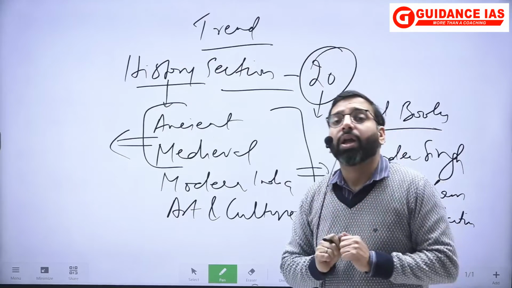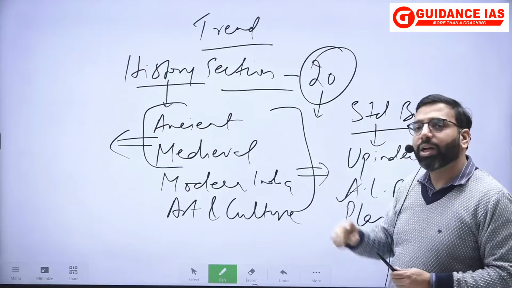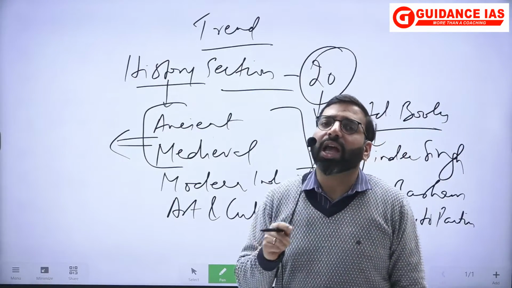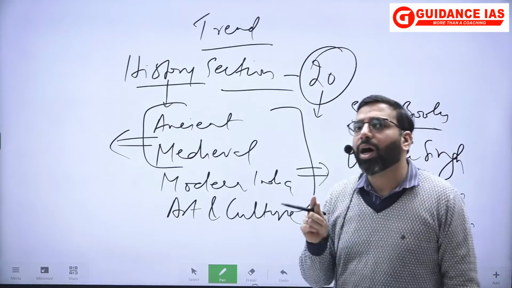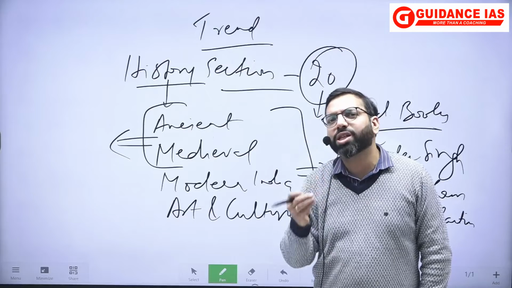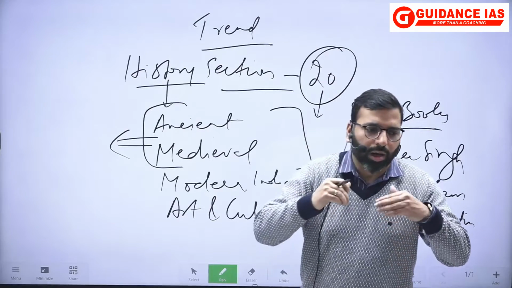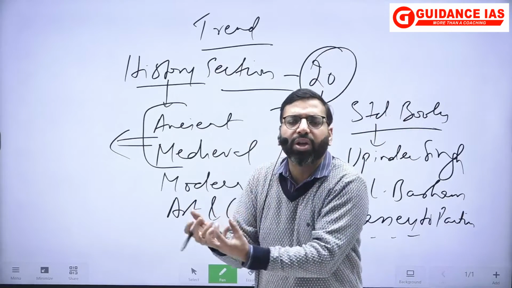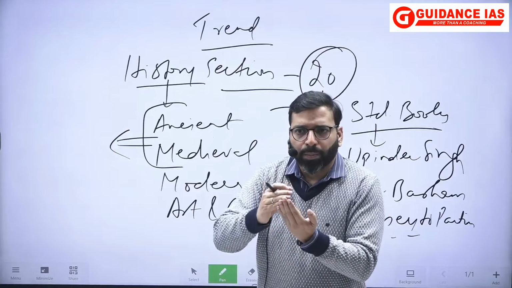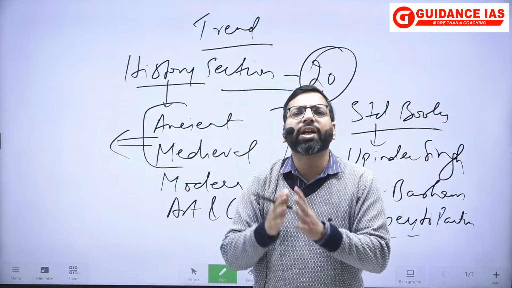This is done. Now what about modern India. In modern India, maybe you will find that the number of conventional type of questions which used to come earlier has decreased. When I say conventional, I mean the areas from where the questions were asked: post 1857 till 1947, primarily your Indian national movement.